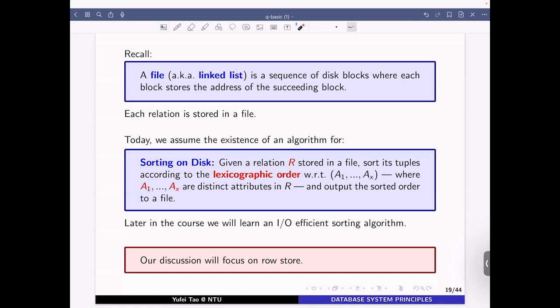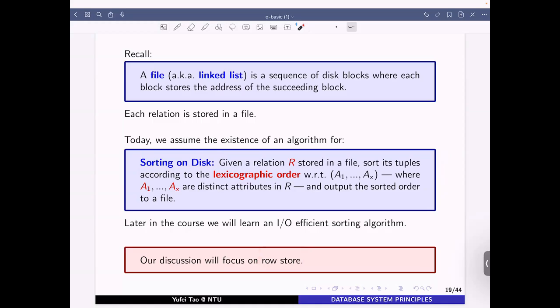By the way, later in the course, you are going to learn how to perform sorting on the disk. So this is a temporary assumption, and it's going to be removed later. Finally, just so you know, we're going to focus on row store.